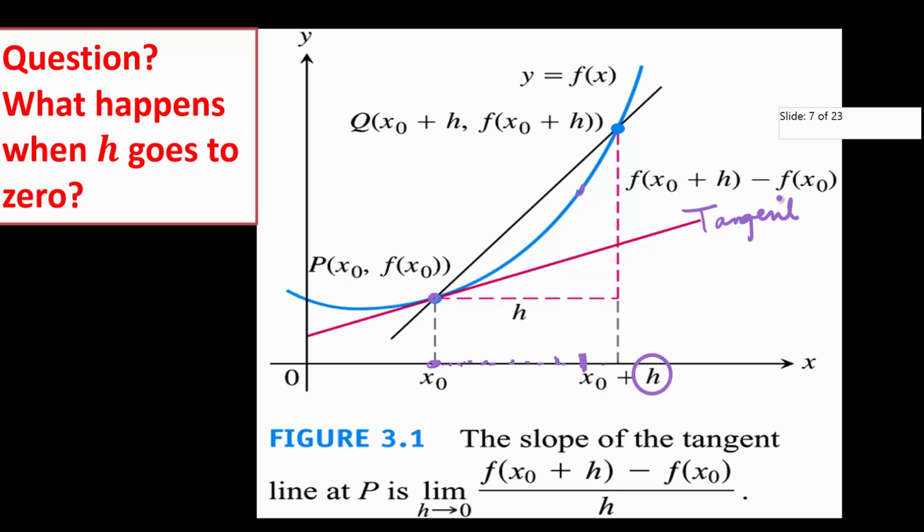Then what you've got is a tangent line. So the slope of the tangent line is the limit of the slope of the secant line as h approaches 0. All right? Let's look at some examples.